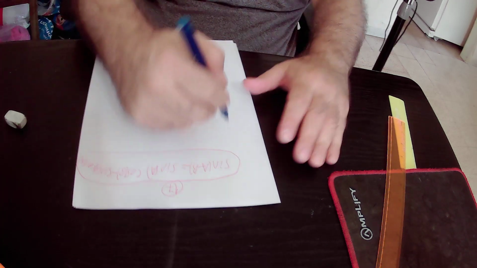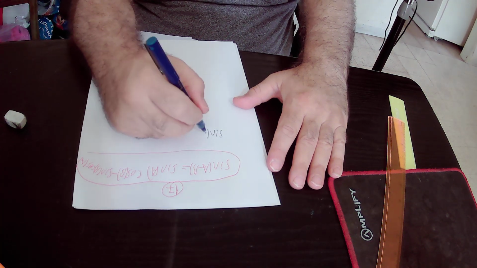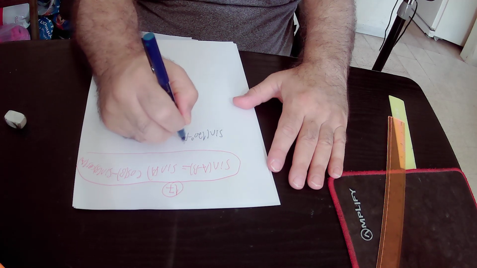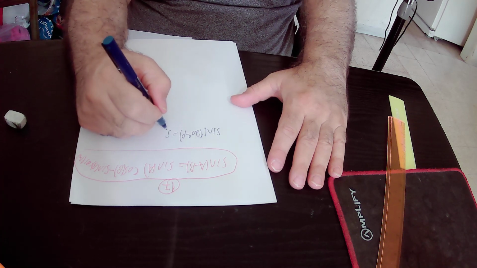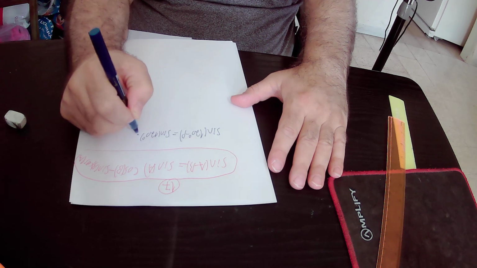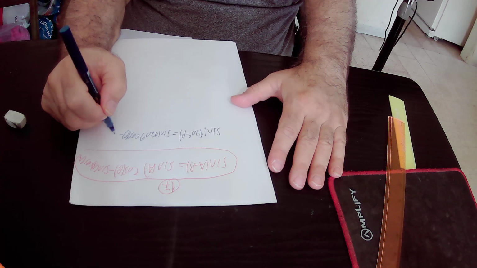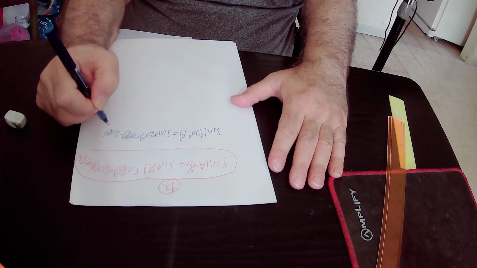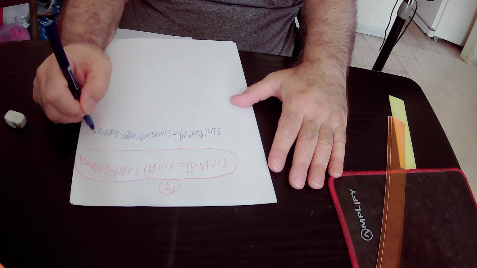The value of sine 120 degrees minus p according to this trigonometric identity will be equal to sine 120 degrees times cosine p minus sine p times cosine 120 degrees.